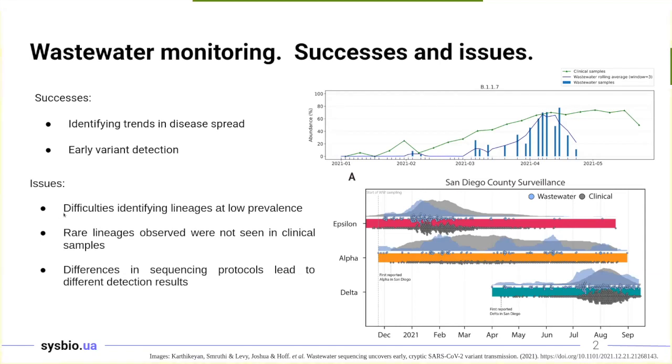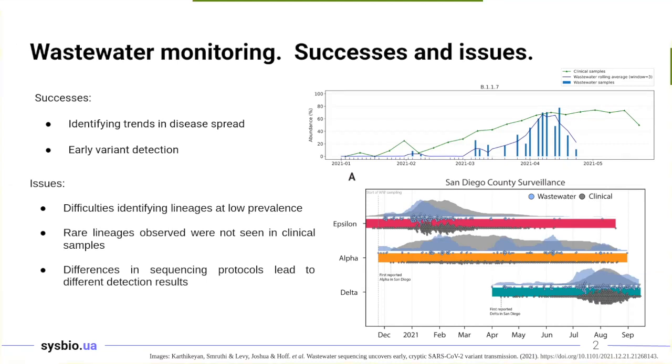In our lab we work on the issue that it's difficult identifying lineages at low prevalence, because wastewater contains SARS-CoV-2 samples from the whole population of the city, basically, and it's difficult to work with low concentrations of one lineage.